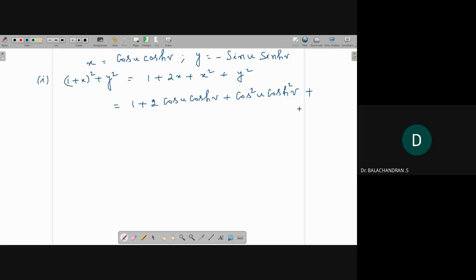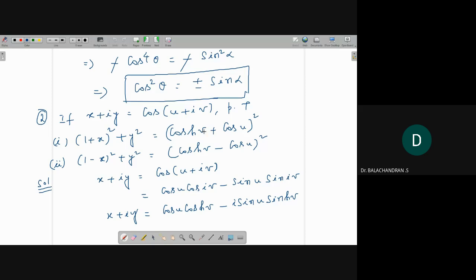Y square is sin square u into sinh square v. Once you write this, what do I need? Actually I need this in the form cosh square v, cos square u plus 2 times cos hv into cos u. Then only I can write in this form.